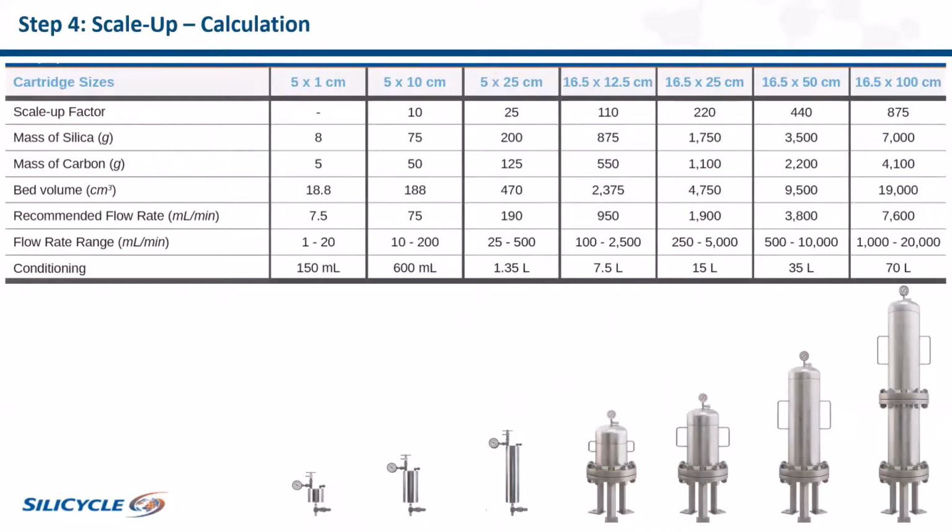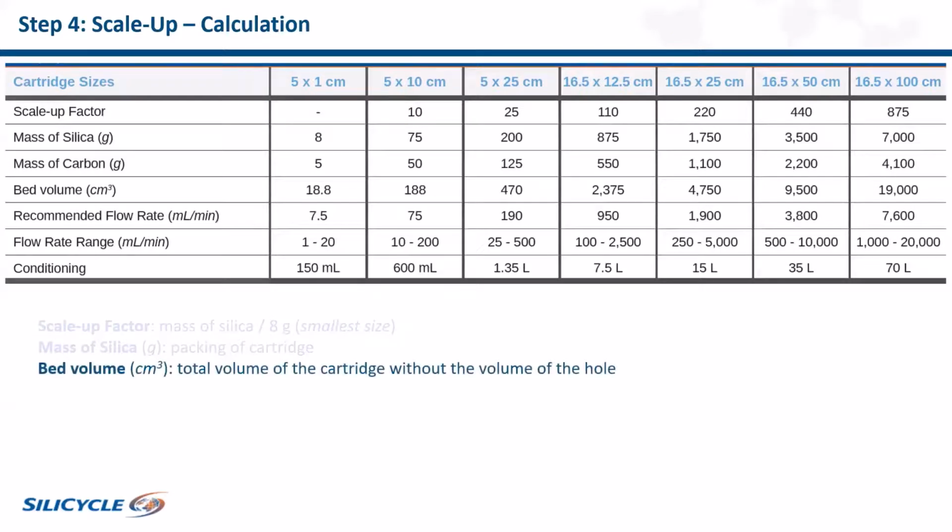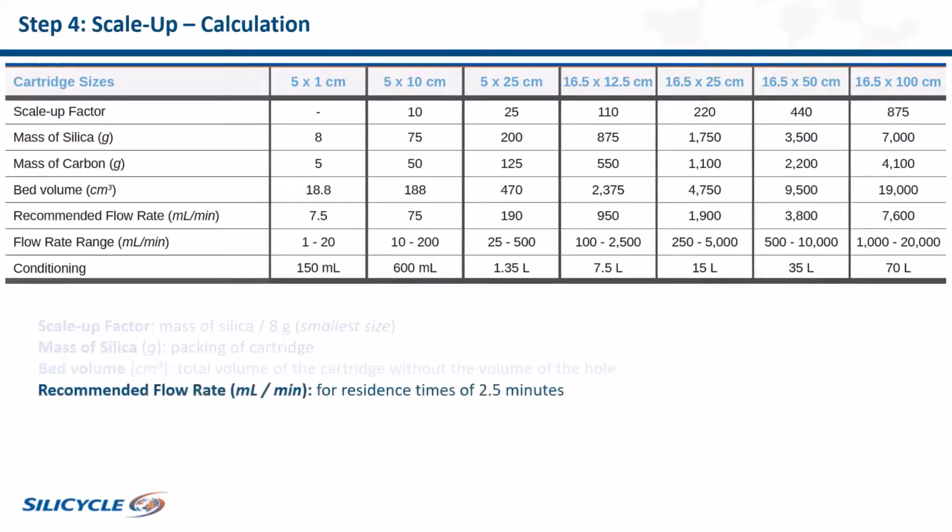To walk you through the linear extrapolation, we put together this table, which has all the different cartridge sizes available. You can see that we have the scale-up factor, which gives you the multiplying factor to go from the smallest cartridge all the way to the biggest one. The mass of silica and of carbon for each size cartridge. The bed volume, which corresponds to the total volume of the cartridge without the volume of the hole.